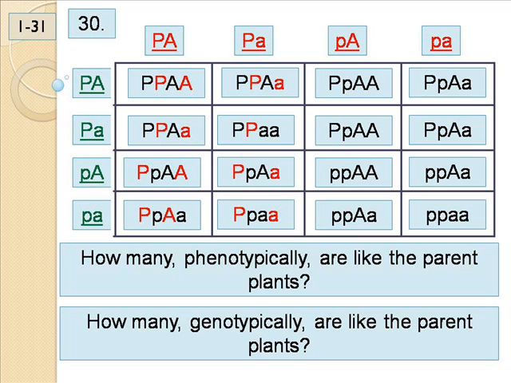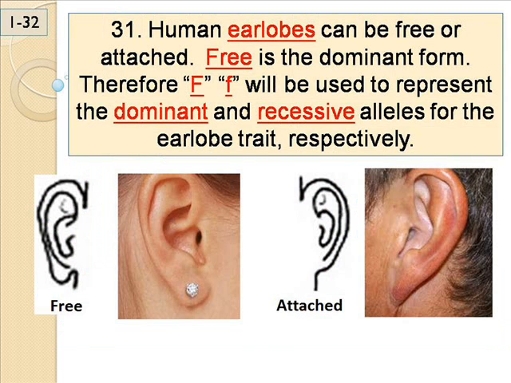Just to let you know, remember that these were peas with two traits, a flower color and a flower position. And then this is my last slide with the peas. And I wondered about humans. Well, human earlobes can either go straight into your ear like this, or they can dangle.